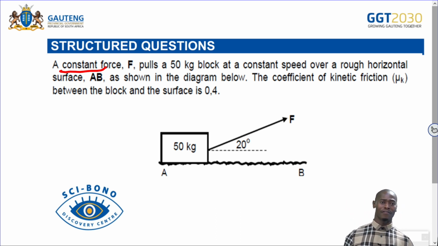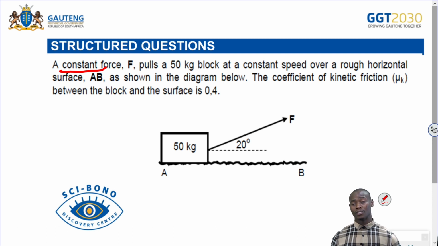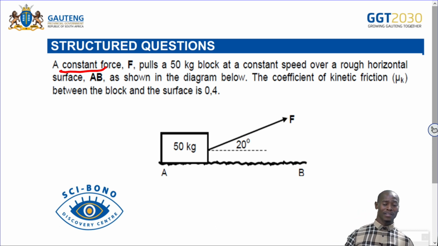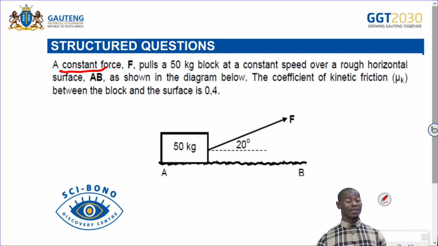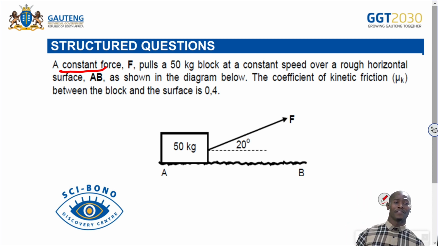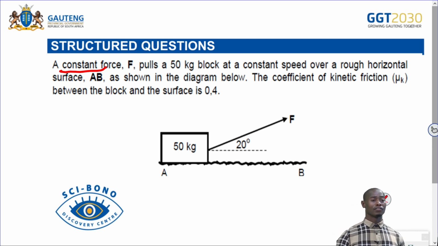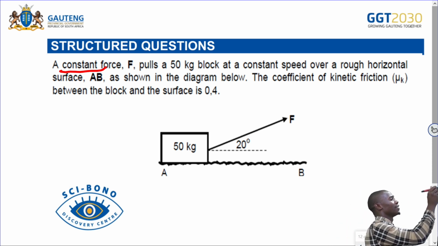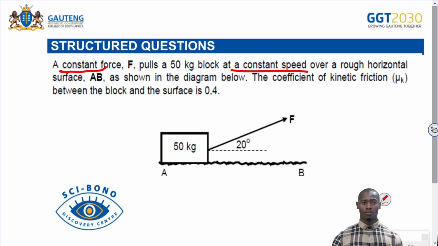Remember, it will be 0 if you're talking of constant speed or constant velocity, an object at rest, or forces that are at equilibrium, or when it comes to a closed vector diagram, right? Then, constant force F pulls a 50 kilogram block. So you're given the mass of that block at a constant speed. Take note of that.